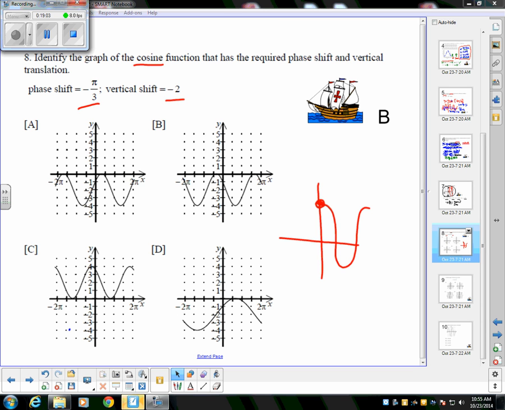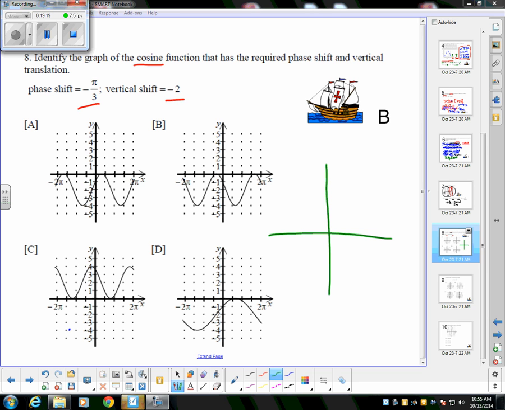Now, first thing, let's do the obvious. It has a vertical shift of negative 2, doesn't it? Which should mean, and I hope this thing will work. Let's do it this way. We'll take this out for a second. All right, and then I'm going to do up here. And the reason I'm doing that is because we know cosine starts like this, but if it has a vertical shift of negative 2, it slides downward, doesn't it?